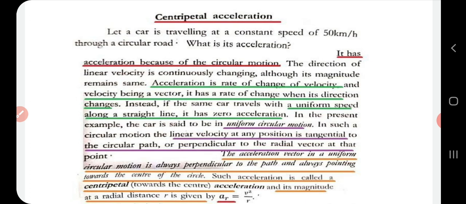It is directed perpendicular to the path and is always pointing towards the center of the circle. So note that definition. And it is given by a equal to v square by r. Here r is the radial distance.